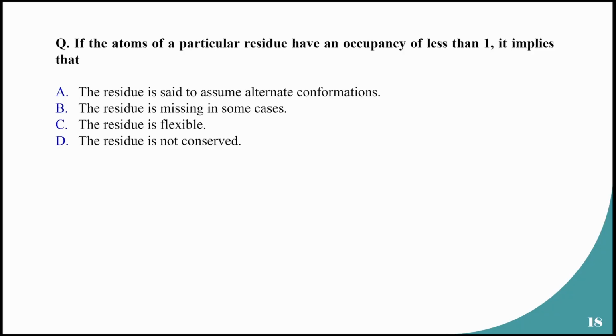Where the value is less than 1, that means they have alternate conformations assumed by the residues for these atoms. That's why you are getting different values. But if you add the occupancy values of all of those together, you should get a total value of 1, right? So that's the alternate conformations and occupancies.